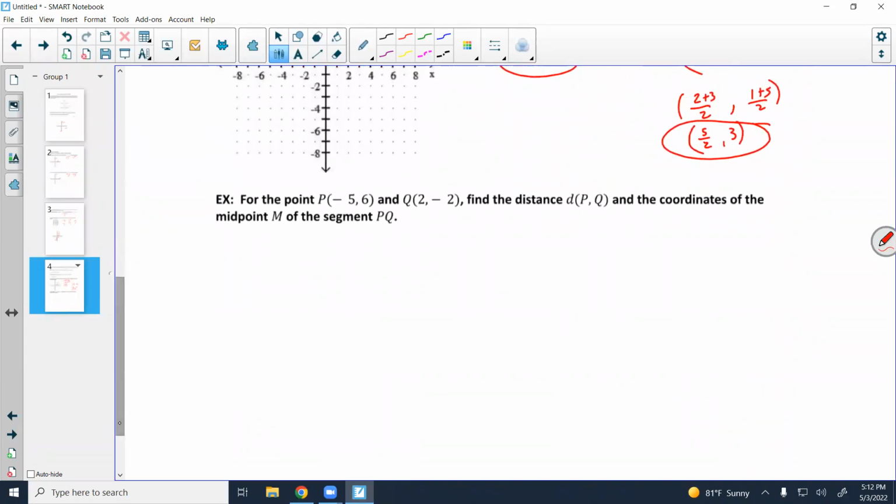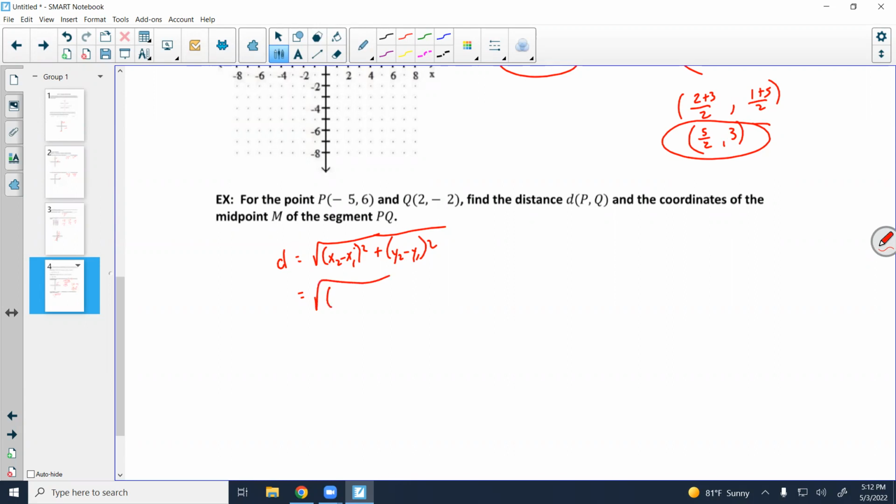For the points P equals (-5, 6) and Q equals (2, -2), find the distance from P to Q and the coordinates of the midpoint. So again, our distance is the square root of (x2 minus x1) squared plus (y2 minus y1) squared. So it doesn't really matter here.